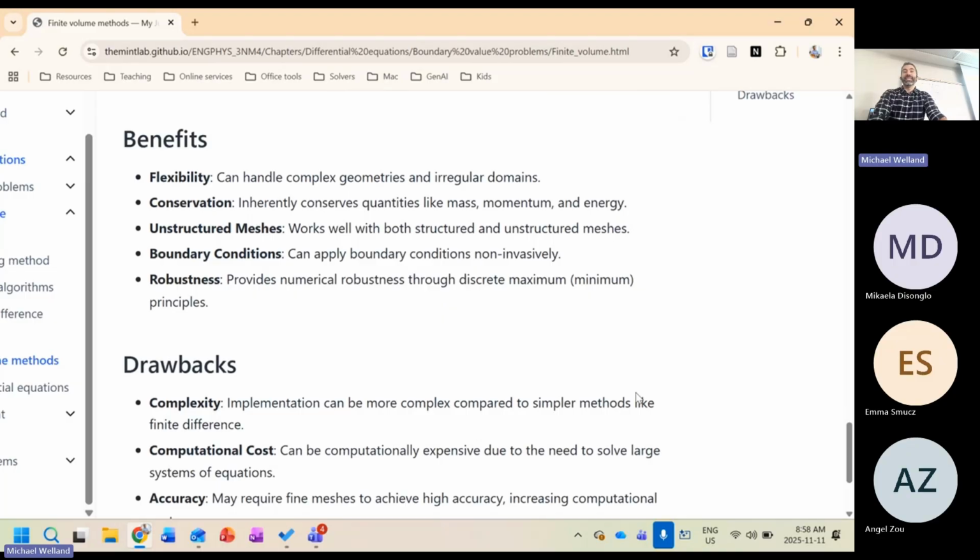Benefits to this is that you can handle complex geometries and irregular domains. Since all you're doing, well, for example, that bisection algorithm can pretty much always find control volumes around whatever kind of contorted mesh you're doing. It gets a little bit more complicated when you start to do curves, right?